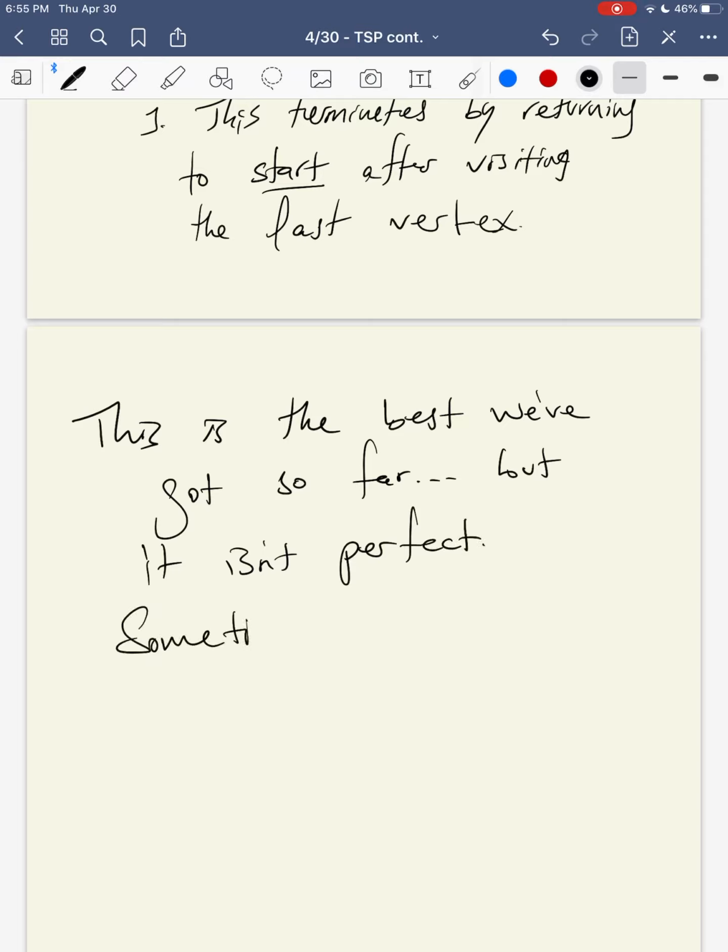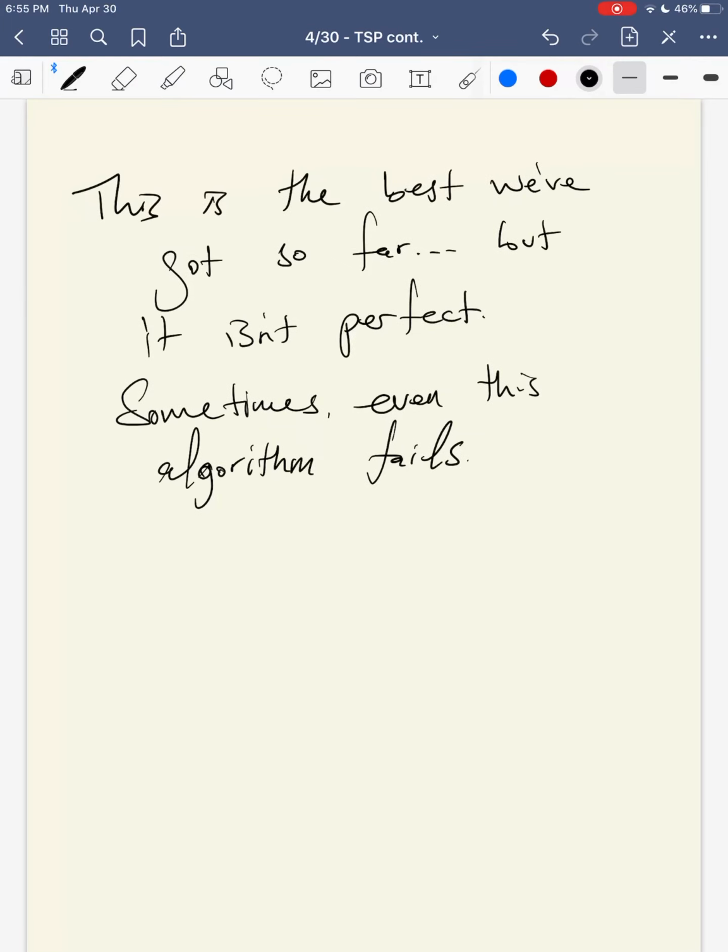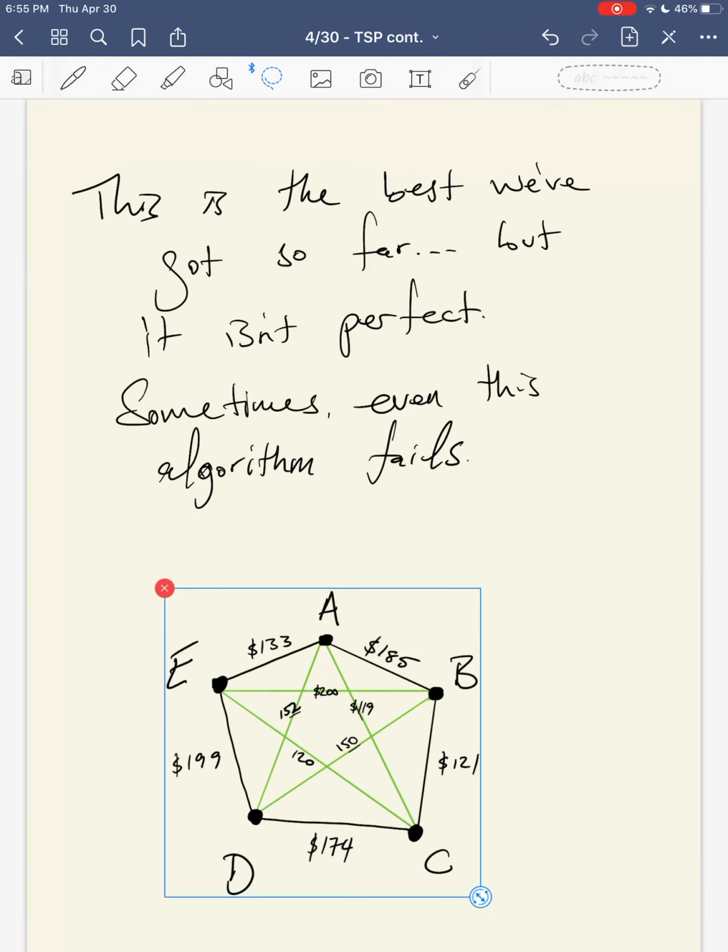Sometimes even this algorithm fails. Okay, so let's do an example.